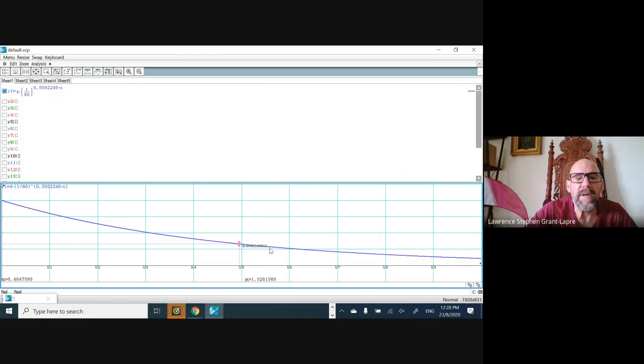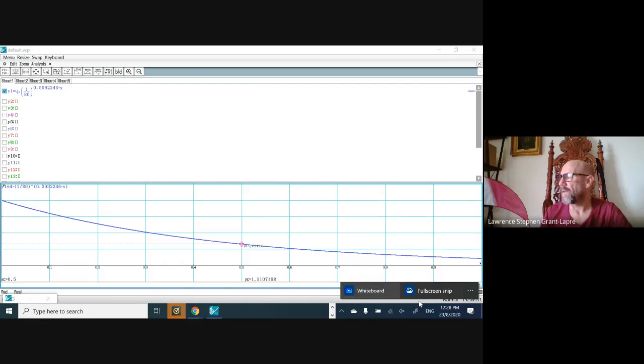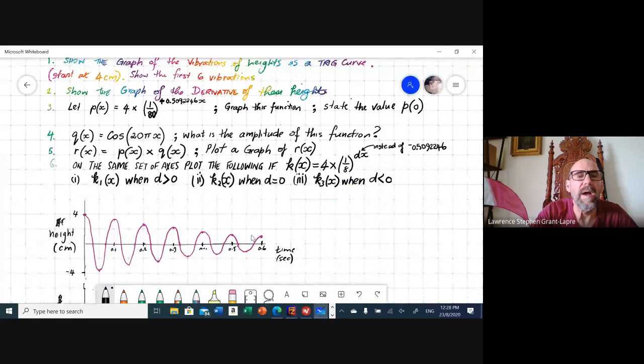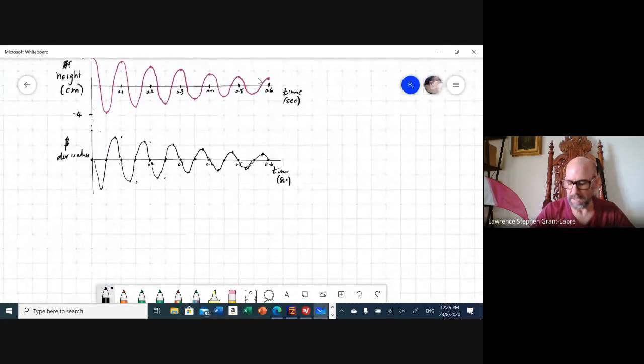All right, if I plot at different points, save time. When x is 0.5, y is 1.3. Okay, so let's go back to our whiteboard and sketch that graph.